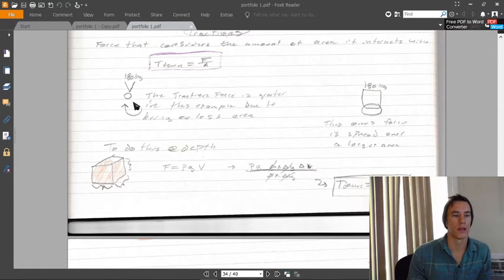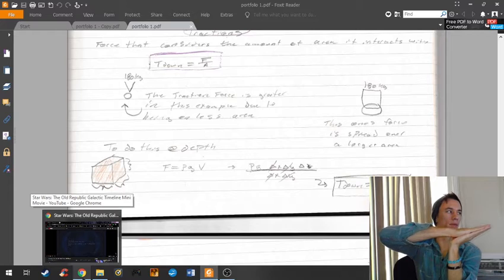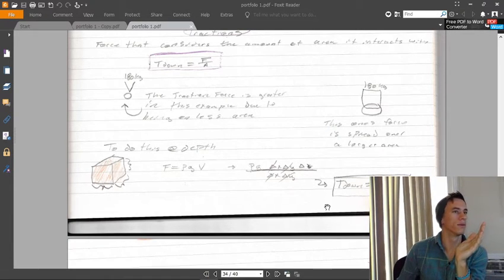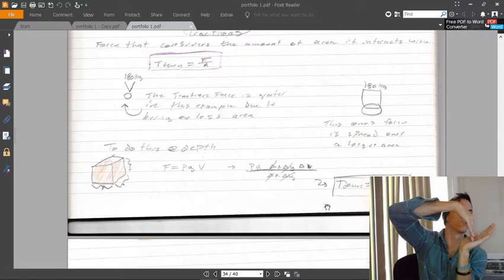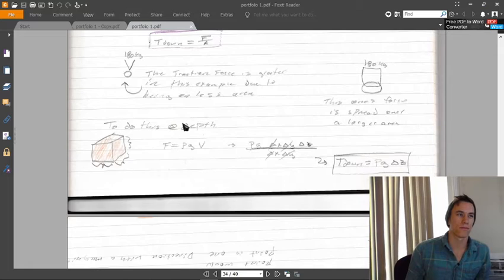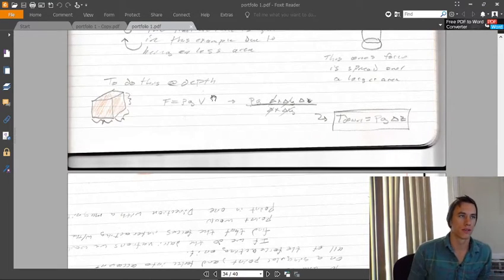Like if you have coal and a diamond, a bunch of force in one area pushing straight down produces more compression. So this is showing how it interplays at depth.